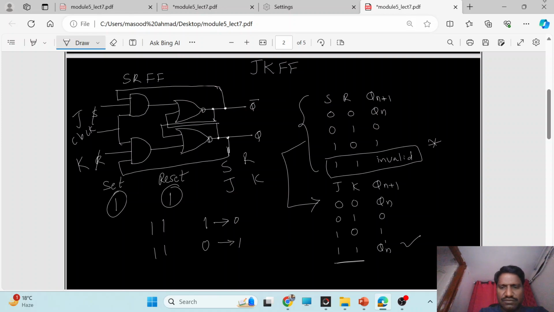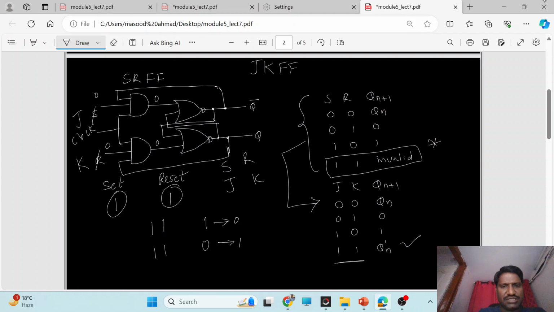We can now analyze the condition of J equal to 0, K equal to 0. When you keep 0 and 0, both the inputs are 0 and the clock is present. What we are going to get is no change.